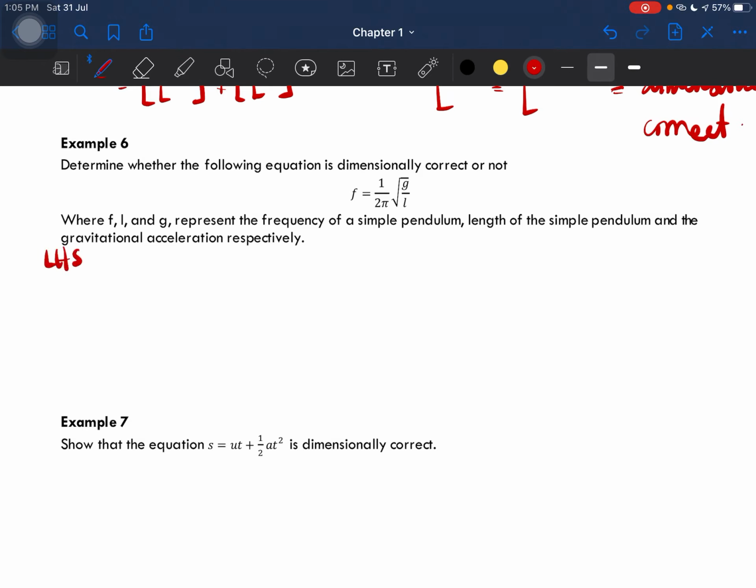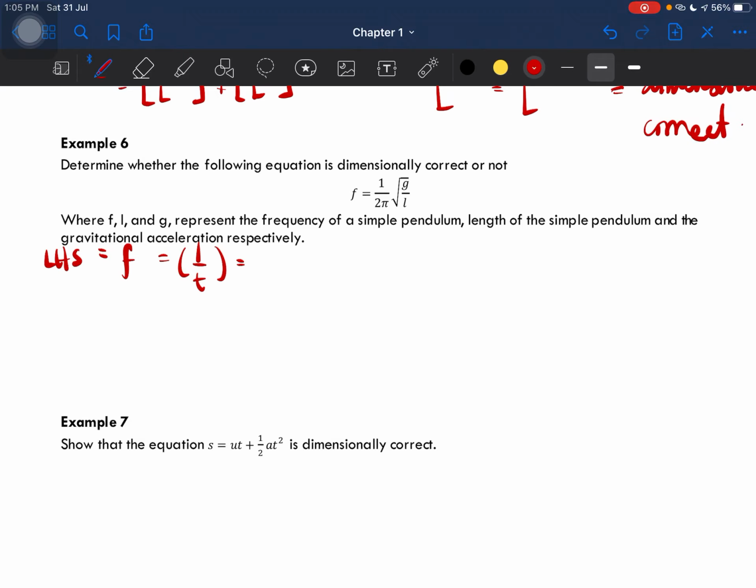So left hand side is equal to F, in which its dimension is from the formula 1 over time. Don't write like that. So 1 over time is the formula for frequency, or 1 over period actually.